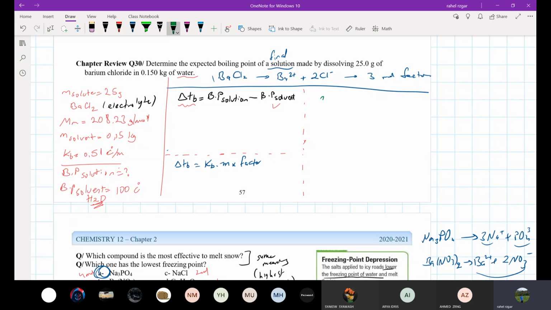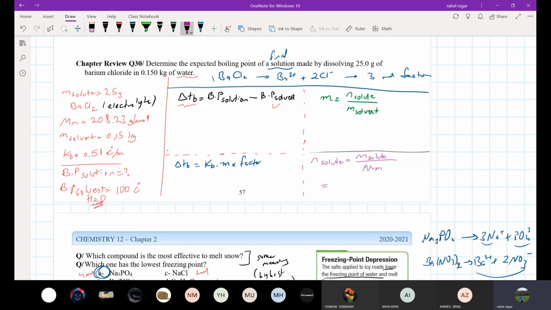Molality is equal to mole of solute divided by mass of solvent. We don't have mole of solute. So mole of solute is equal to the mass of solute over molar mass.